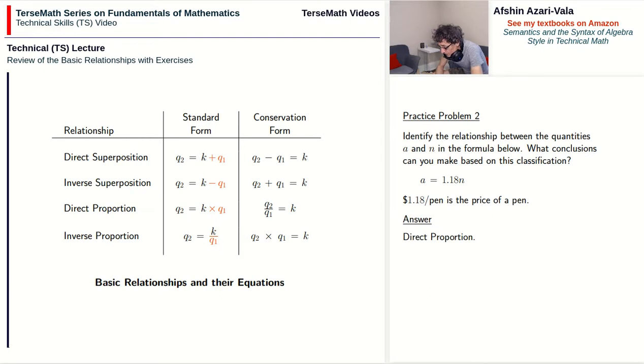The relationship is direct proportion, and I know that because the formula has the same form as the standard form of the equation for direct proportion, with Q2 being amount of money spent, K, which is a constant, is the price of a pen, which is fixed at $1.18 per pen, and N is similar to Q1.